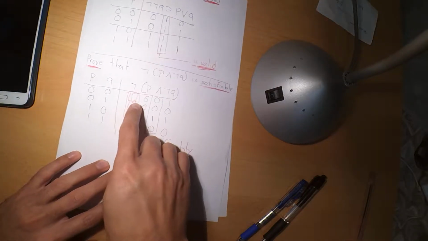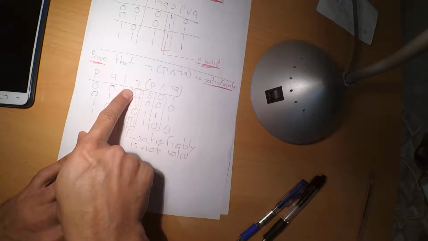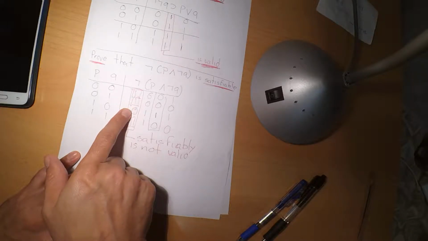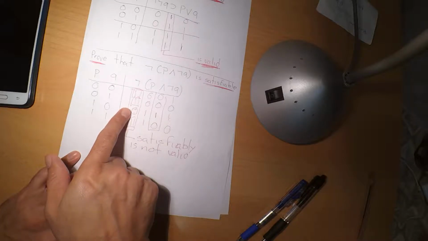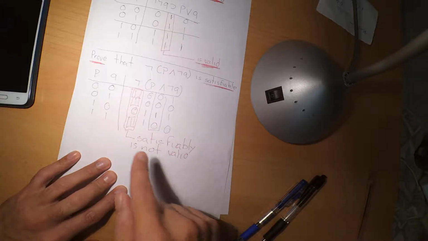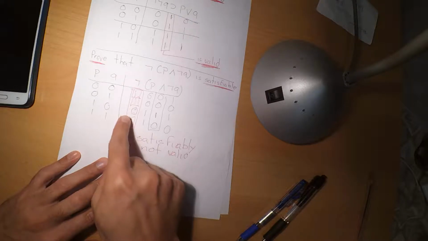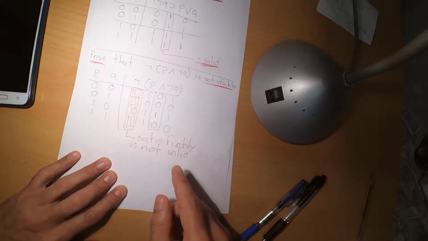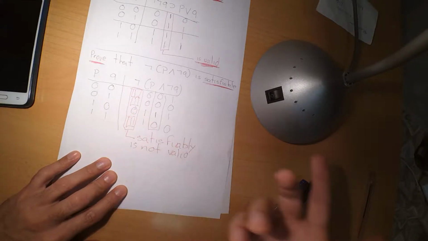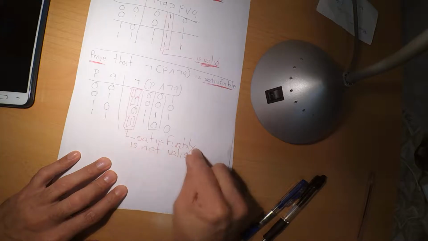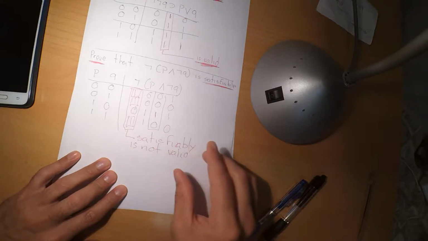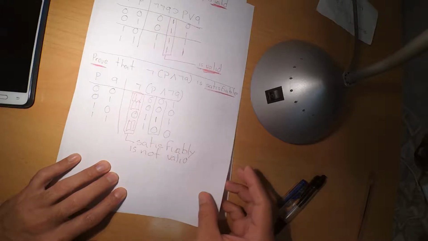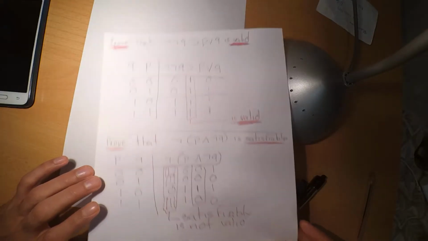Here we have a true, true, true, but we have a false here. That means it's not valid, but it is satisfiable, because we have at least 3 true, even though there is one 0. Don't worry about it, just put that it is satisfiable. So please make sure that you know the difference between validity and satisfiability.